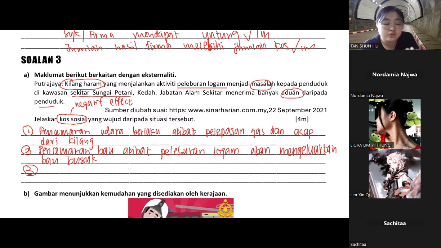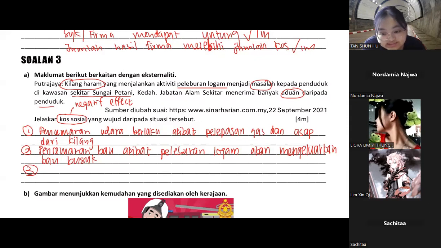You use the mineral, iron mineral, and make it into other things. All right. Now, and then you see all these bau busuk, and when they melt, it will create some gases that are not good for you. So normally all these pencemaran, you will always link to two things. One is penyakit.